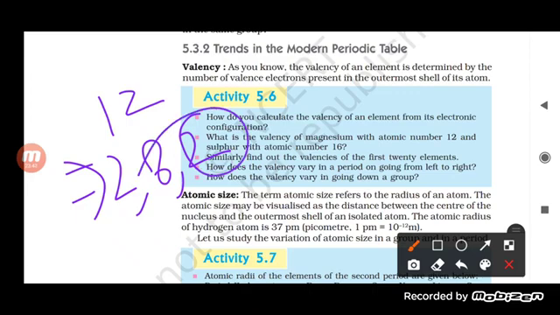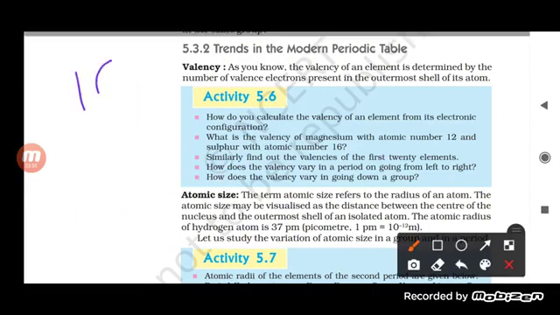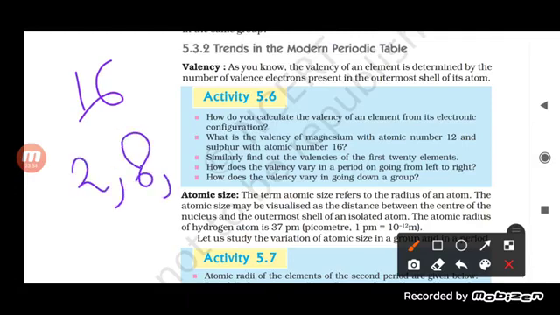While in case of sulfur, with atomic number 16, the electronic configuration will be 2, 8, 6. So obviously 6 is more than 4. So 8 minus 6 will be equal to 2. So the valency of magnesium as well as sulfur will be equal to 2 only.